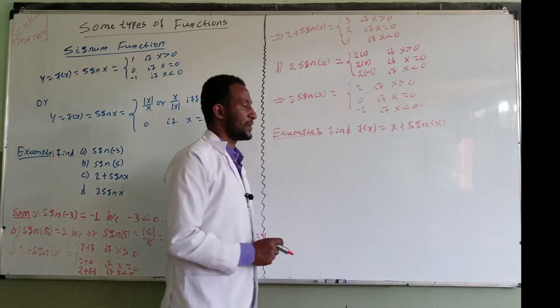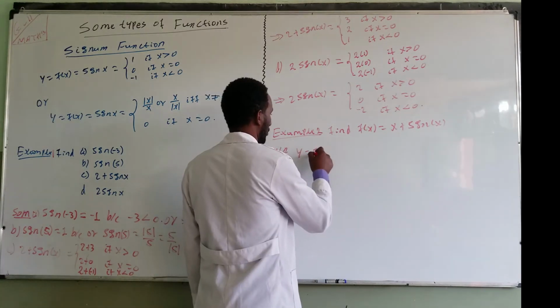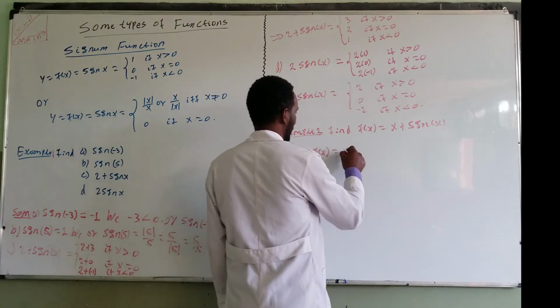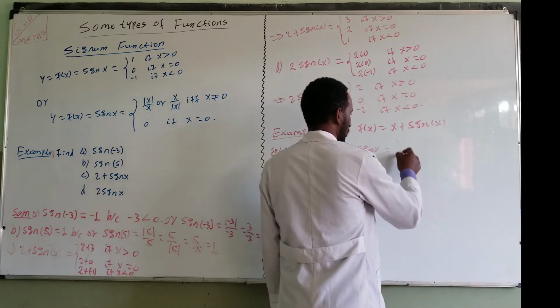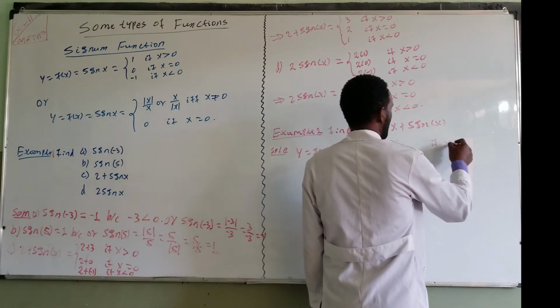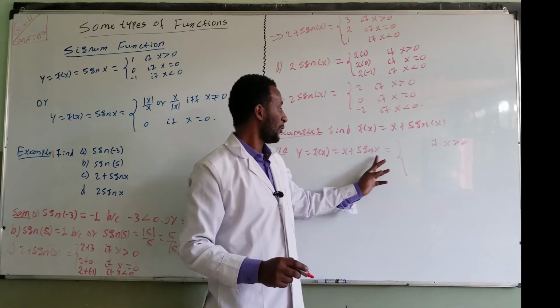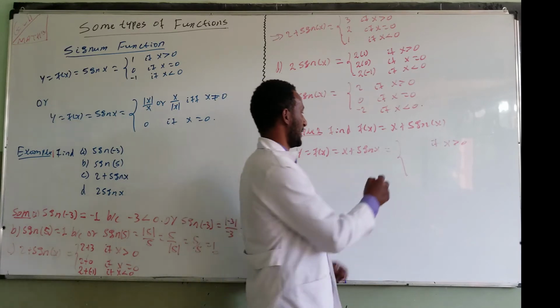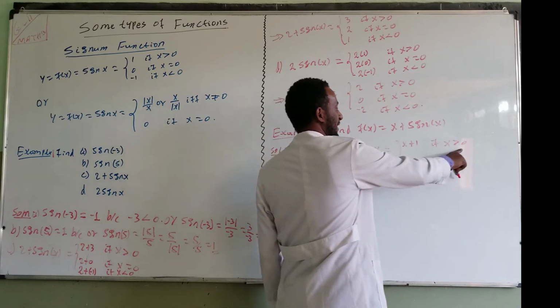Now the solution for this function, y is equal to f of x is equal to x plus signum x. If x is greater than 0, signum of x is 1, therefore x plus 1 if x is greater than 0.